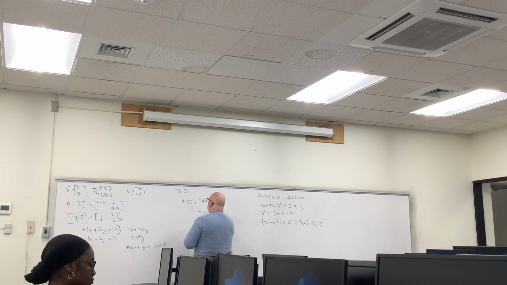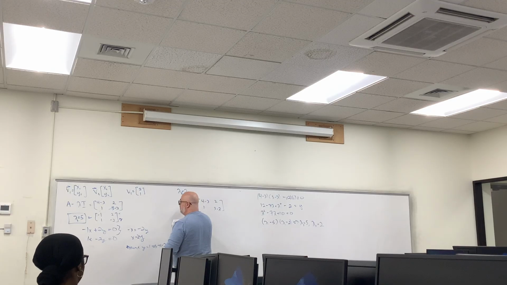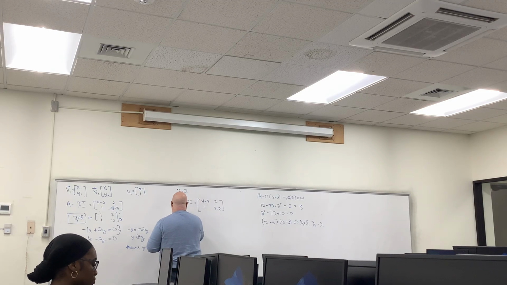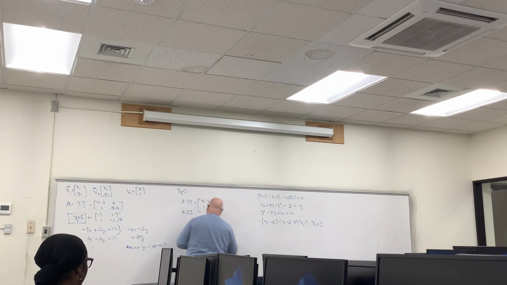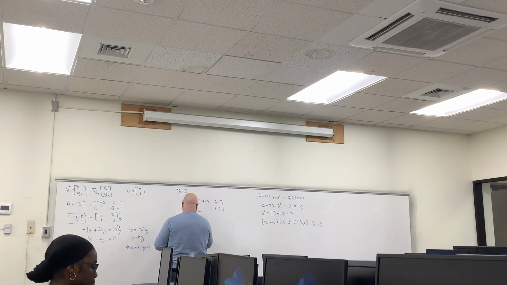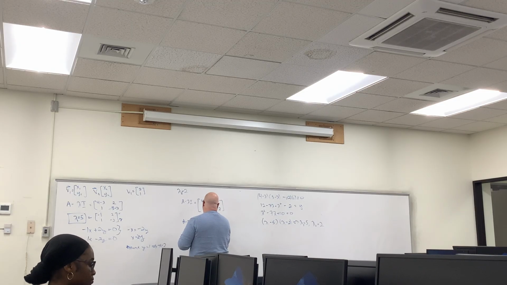But now the difference is we're going to introduce our value for lambda, so it's actually going to be A minus 2I. So I need to move that down, so that's out of the way. A minus 2I equals 4 minus 2, 2, 1, and then 3 minus 2.